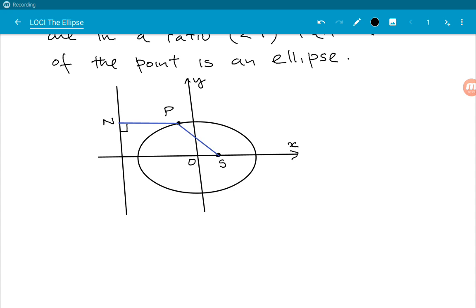So consider the following sketch. S is the focus, and the straight line over here is the directrix.